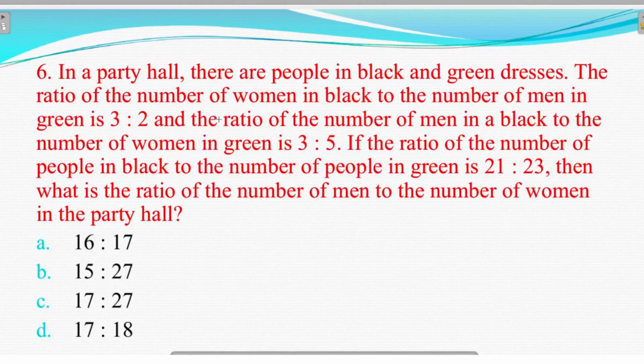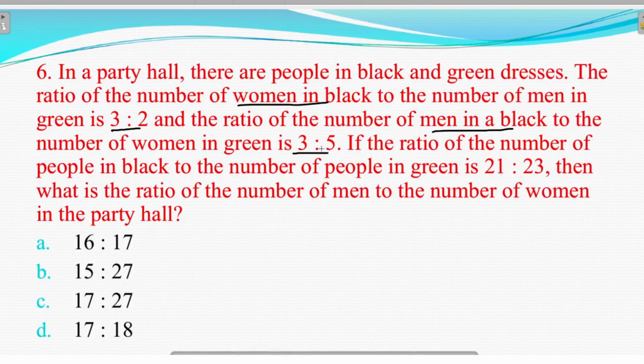In a party hall, there are people in black and green dresses. The ratio of the number of women in black to the men in green is 3:2, and the ratio of the number of men in black to the number of women in green is 3:5.